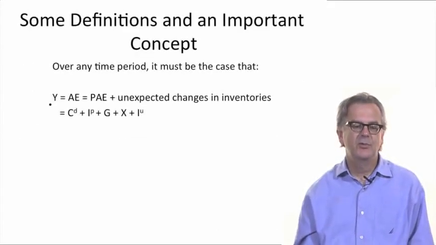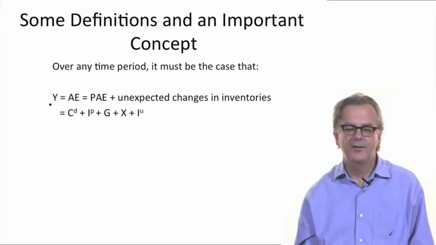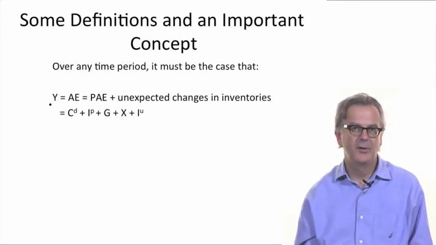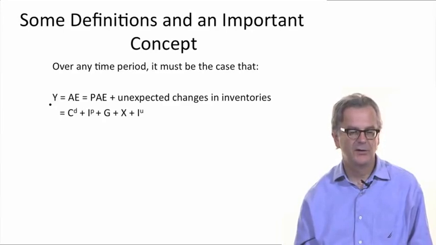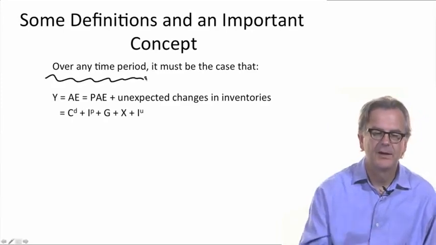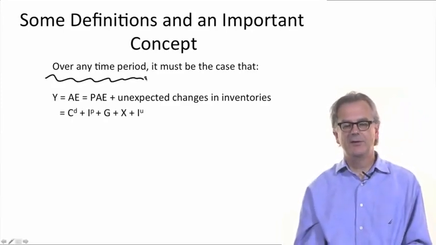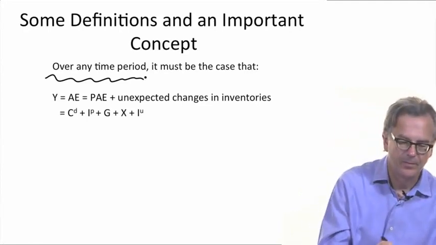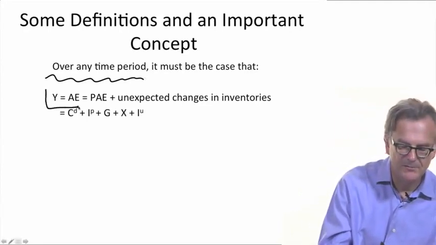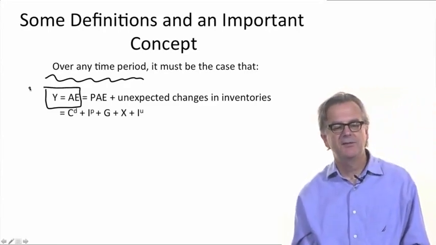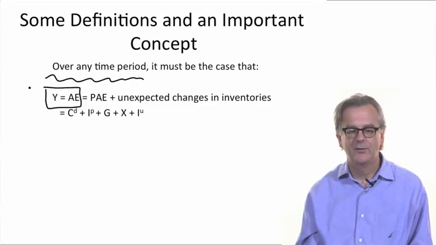So let's put a little bit more structure on this, and this may take a little bit of getting used to, but it's very important that you understand what it is I've written down here. So we're talking about flows, as always. Over any particular time period, we know the following. By definition, given the nature of GDP, it must be the case that actual output equals aggregate expenditure.